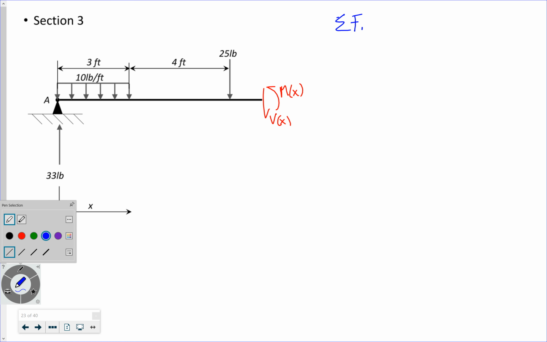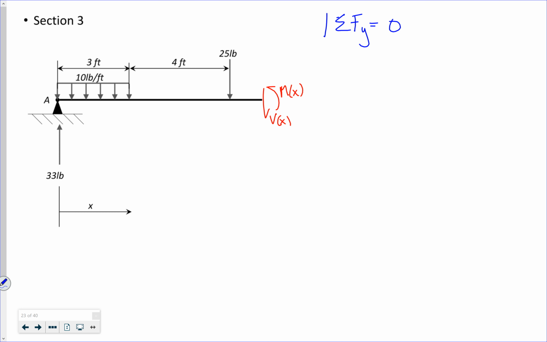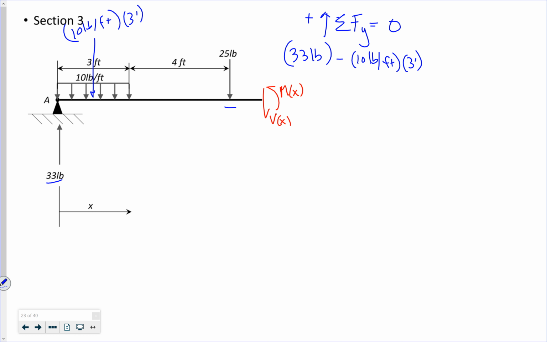Some of the forces in the y direction. I've got 33 pounds up. This is still 30 pounds, right? 10 pounds per foot times 3 feet, or 30 pounds. And my 25-pound concentrated force.